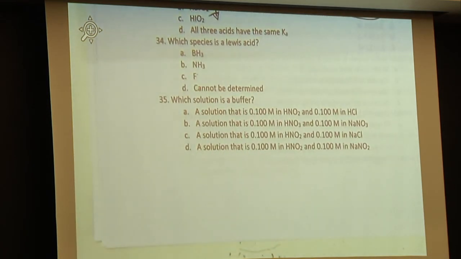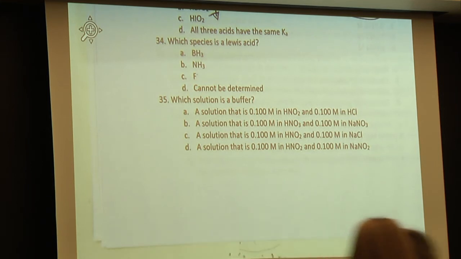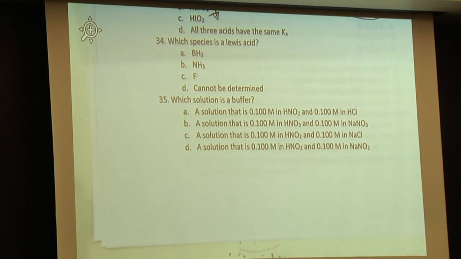Okay, number 34. Which species is a Lewis acid? It's not B. What do Lewis bases have?